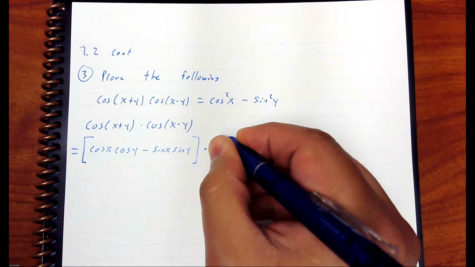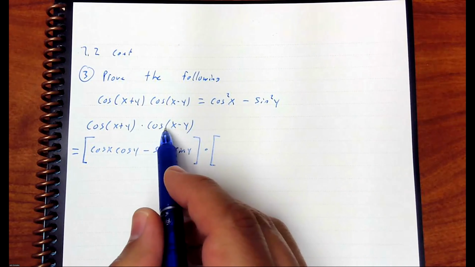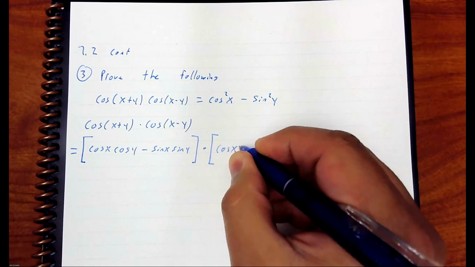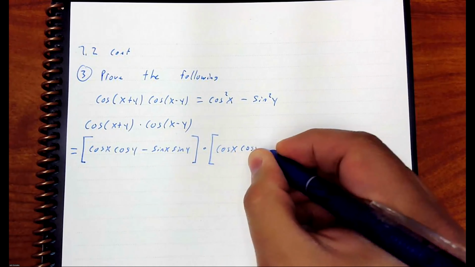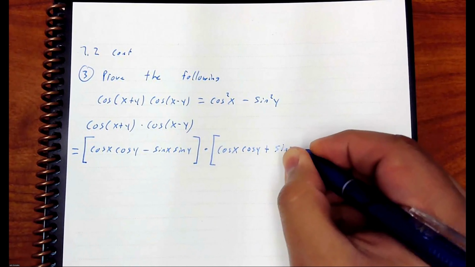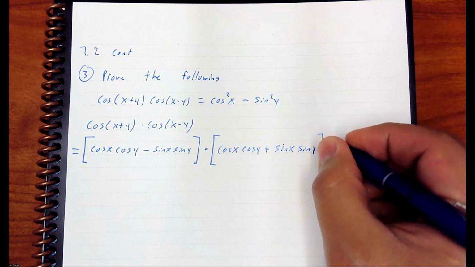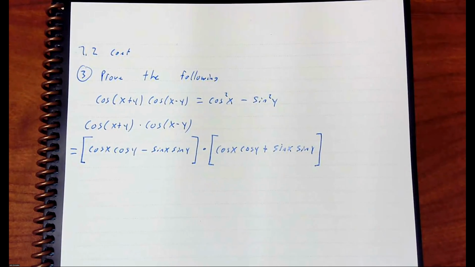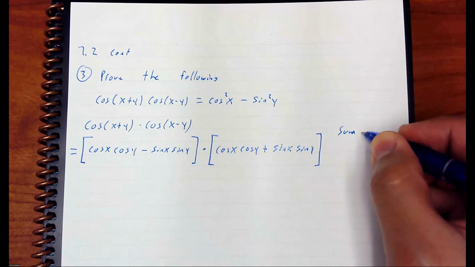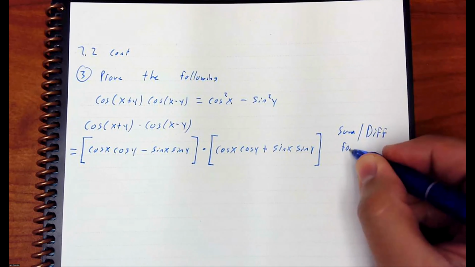And it's all times the next one, which follows the formula: cosine x cosine y, no, plus sine x sine y. So these are the sum and difference formulas.